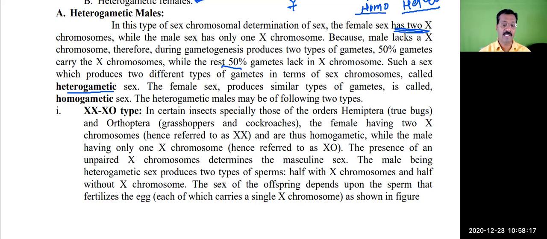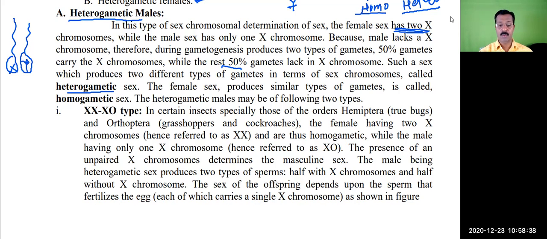If we quote the X and Y, one gamete will be X and the remaining one gamete will be Y. This will happen, and that's why they are called heterogametic male.